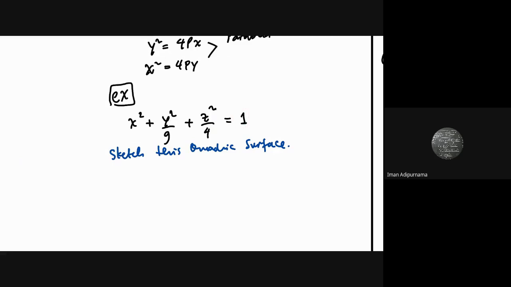First thing, because it is three variables, you are not really going to see directly from the equation, unless you know the quadratic surface beforehand.